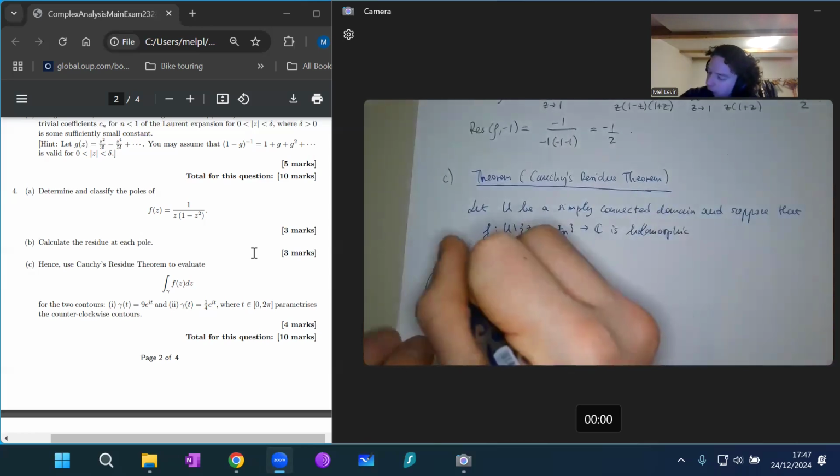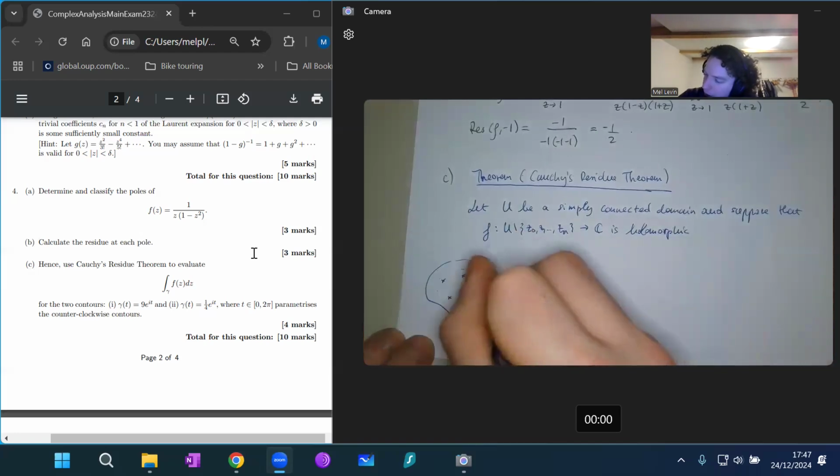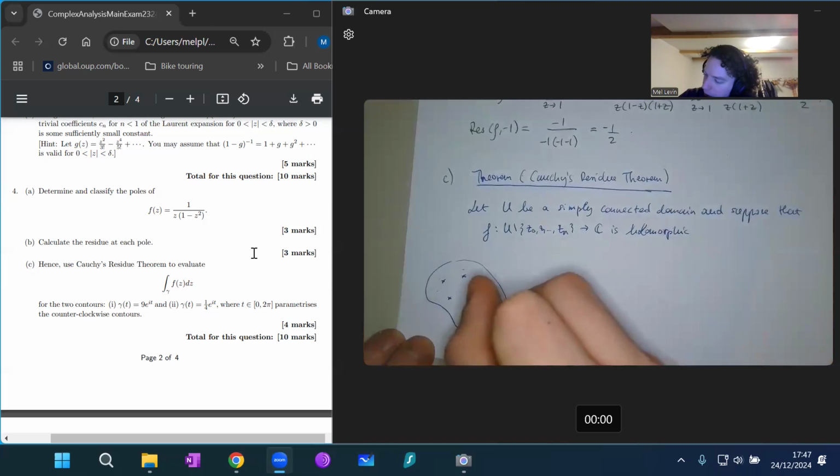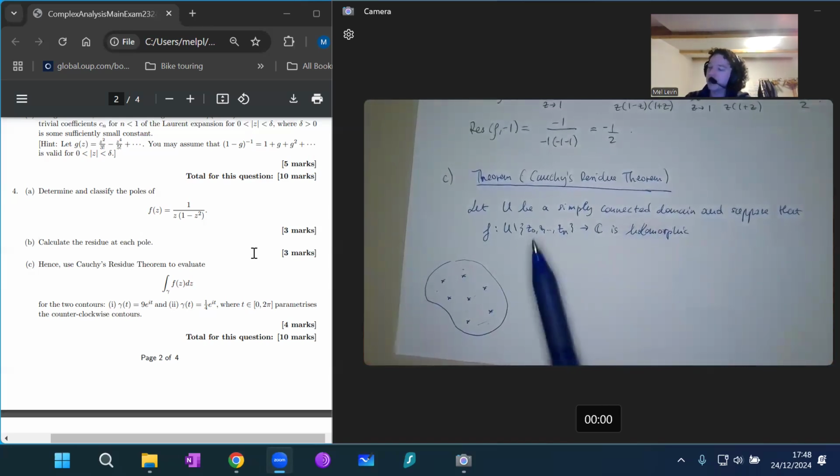So I have a simply connected domain, and then you remove a finite set of singularities. So f is differentiable on a simply connected domain, except for a finite set of singularities.